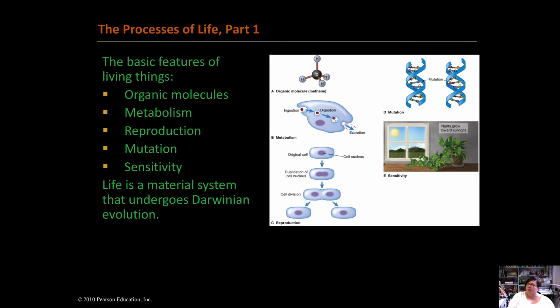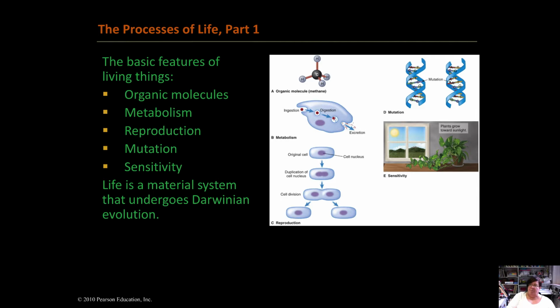So the basic features of living things in general are that they're made of organic molecules. They have a metabolism in which they can take in something through ingestion, they digest it, they use chemicals, whatever they're ingesting, for their life processes and some kind of excretion, so that's a metabolism. They can reproduce, right?